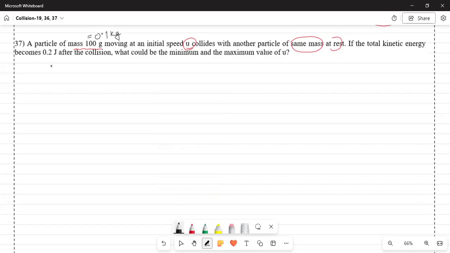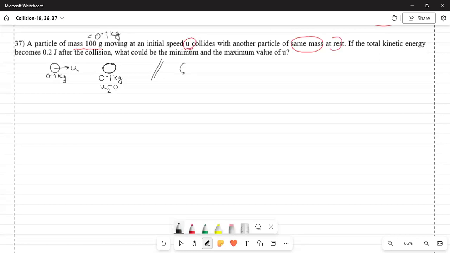So the problem statement is there is a body of 0.1 kg that moves with a velocity u, and there is another body of same mass 0.1 kg, but its velocity u2 is equal to 0. It is at rest. So they collide, and after collision, what will happen?